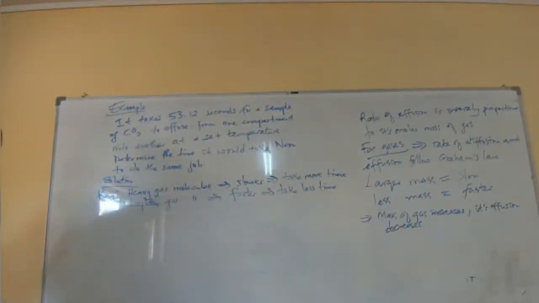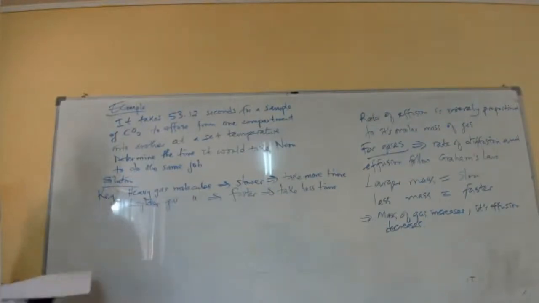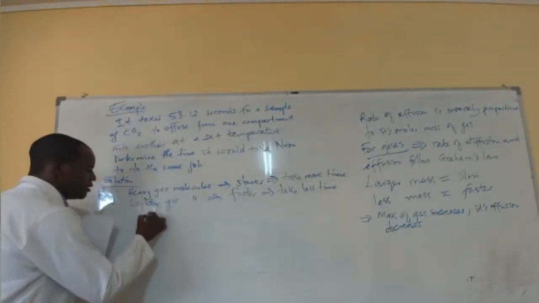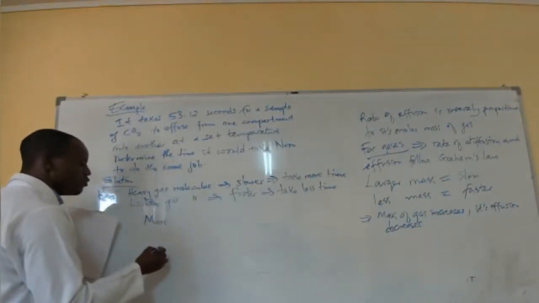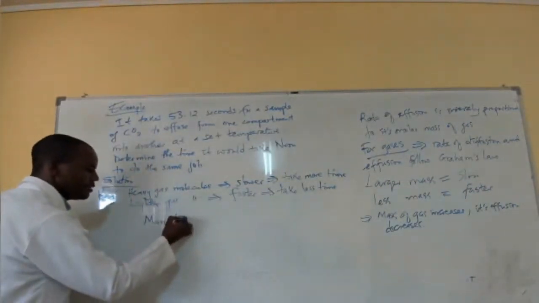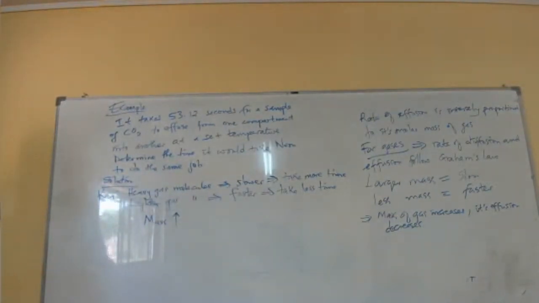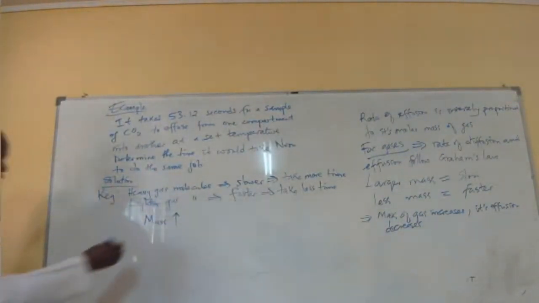Okay. Now, based on that, we can actually come up with key statistics here. And these key statistics are basically going to help us to solve this question. So in this case, what we are saying is that when the mass of the gas molecules increases, so when the mass goes up, what happens to the rate? The rate will go down.